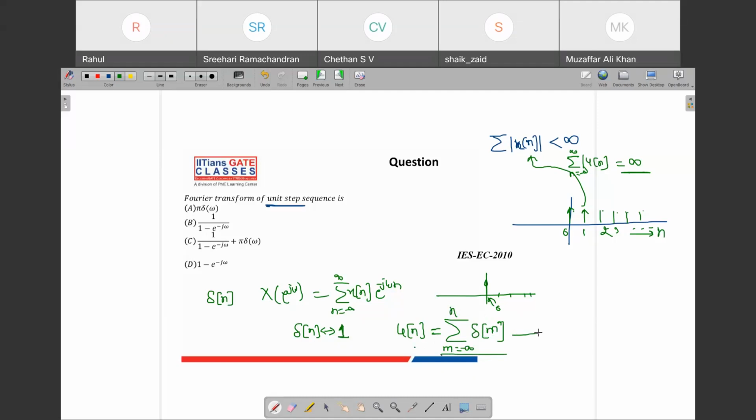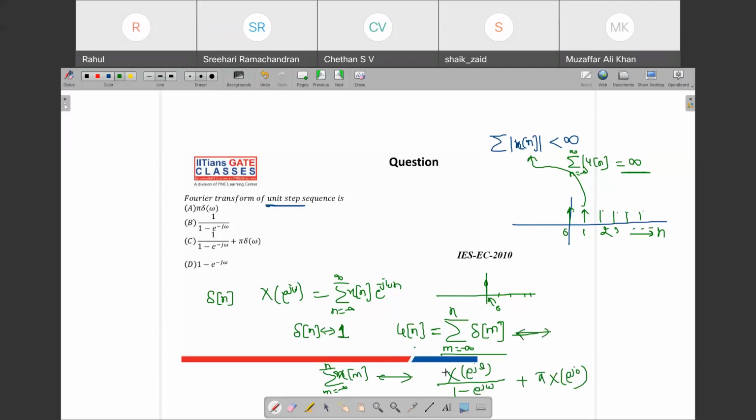What was the property? The summation of x of m from m equal to minus infinity to n has the Fourier transform X of e to the power j omega divided by 1 minus e to the power minus j omega, plus pi into X of e to the power j0. So this is the property that we are going to use.